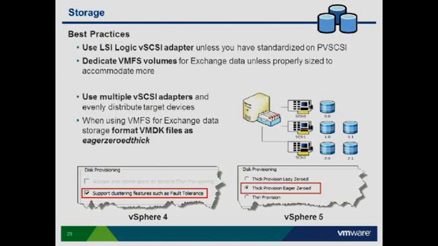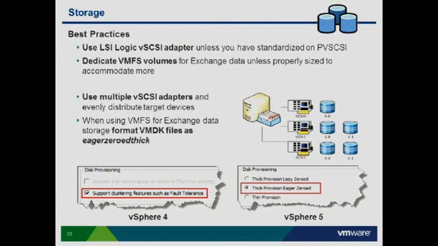Multiple SCSI adapters. So we used to give guidance around deploying multiple SCSI adapters and separating the database and the log traffic. What we've seen in testing is that you can get far better throughput if you actually start mixing those workloads.